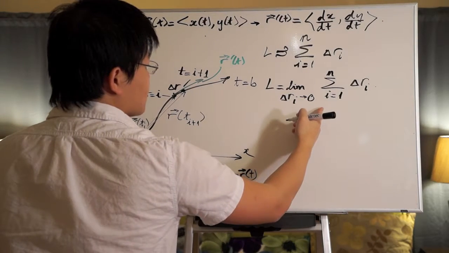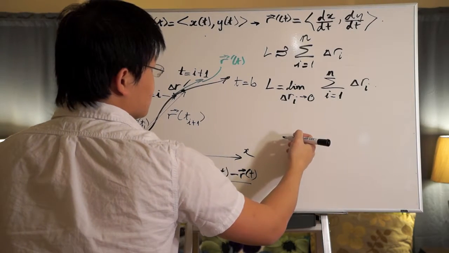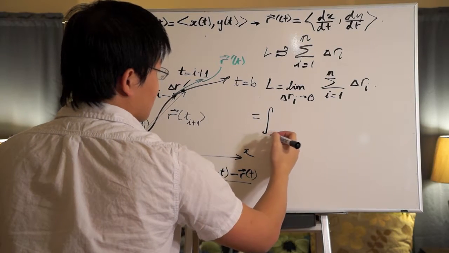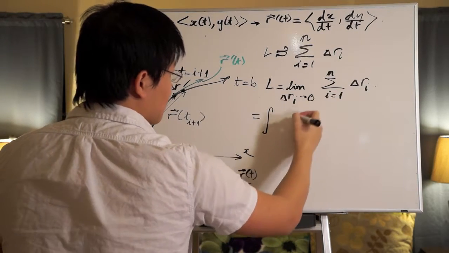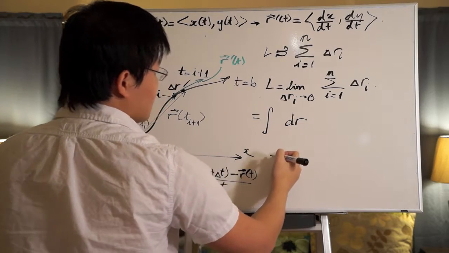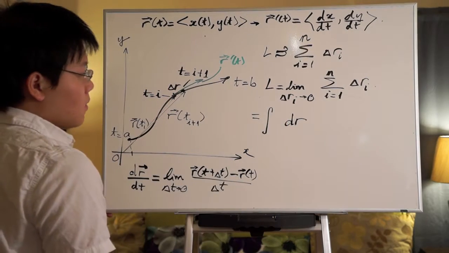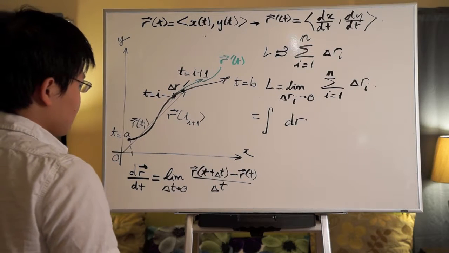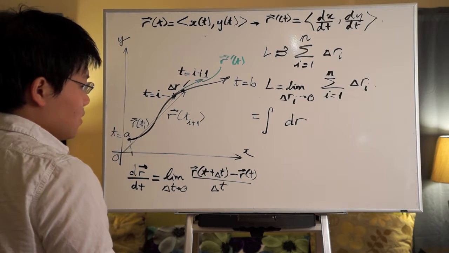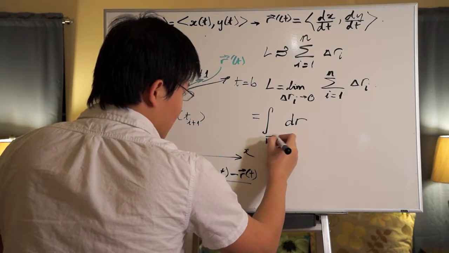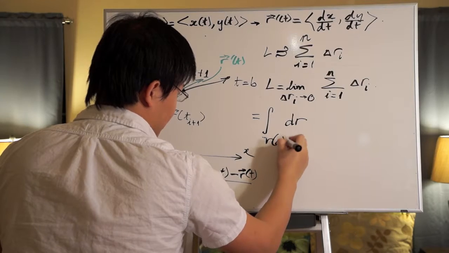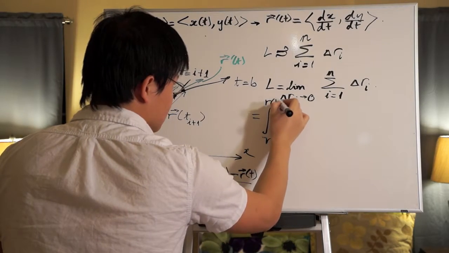And this is equal to the integral, where this is delta r, so dr, with some boundary. So now we have that. What do we do? Let's say t starts at a and goes to b.